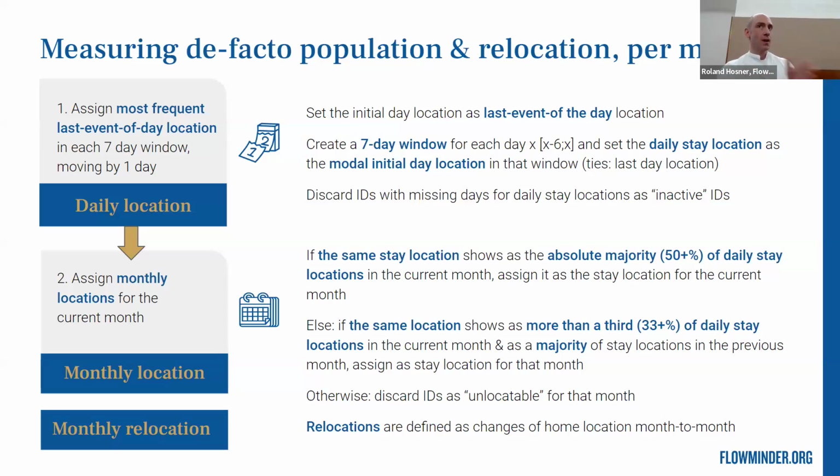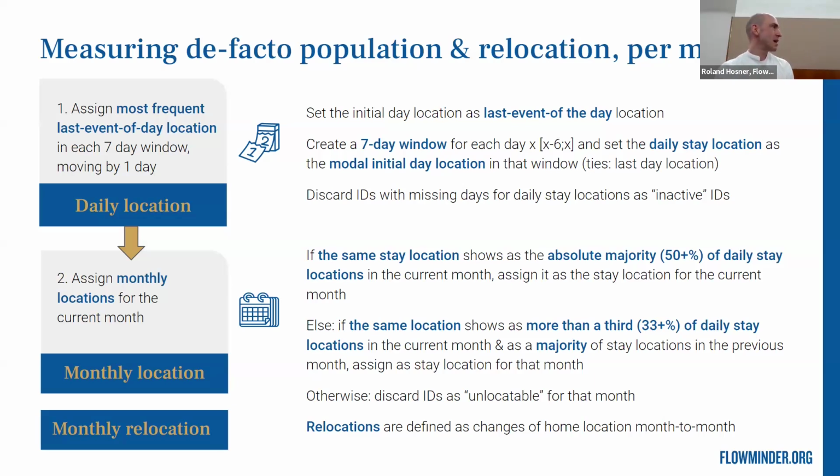Then, to arrive at monthly statistics, we create a moving window throughout that month where we allow gaps of up to 6 days, so at minimum every 7 days there has to be an event for that ID to have a monthly location. There's actually an additional rule that ensures that there's a bit more data: only if, based on these 7-day moving windows, there's a location for each of the days in a month, is this further used to create a monthly location.